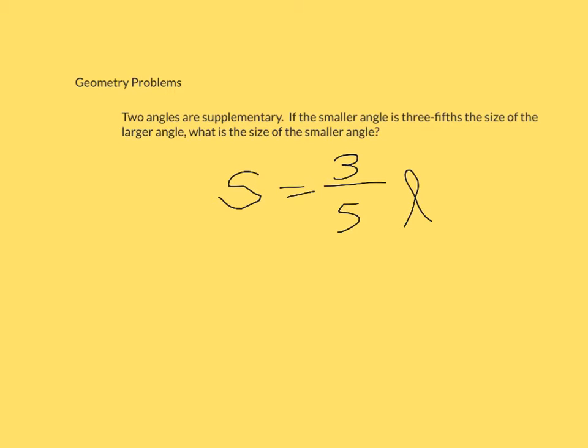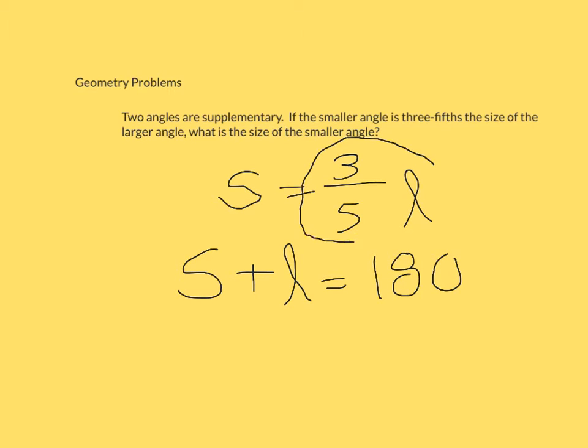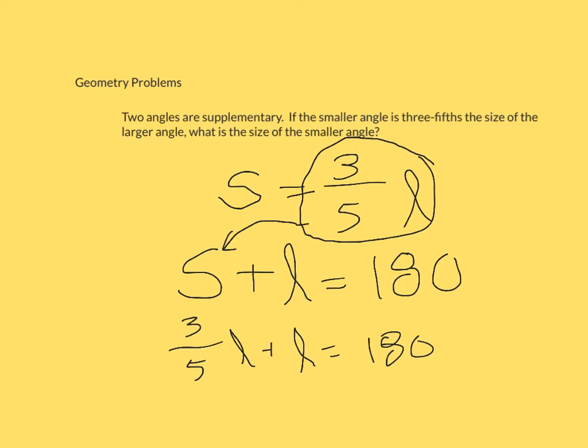I also know that the 2 angles are supplementary, so smaller angle plus larger angle equals 180. For this problem, I'm going to use substitution. S equals 3/5 of L, so I'm going to replace and say 3/5 L plus L equals 180. I'll leave that for you to solve, but I'll leave it with a warning.